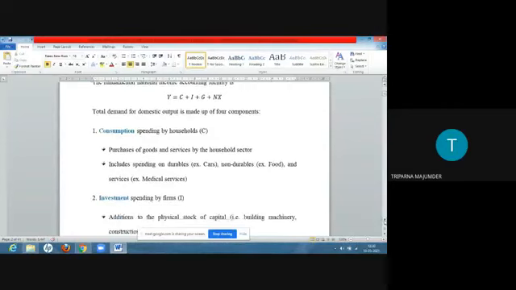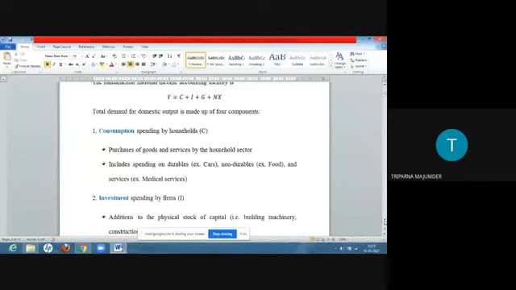Now, consumption spending by households includes purchases of goods and services by the household sector. What purchases do they include? They include spending on durables like cars, refrigerators, television sets, etc., and also on non-durables like food.